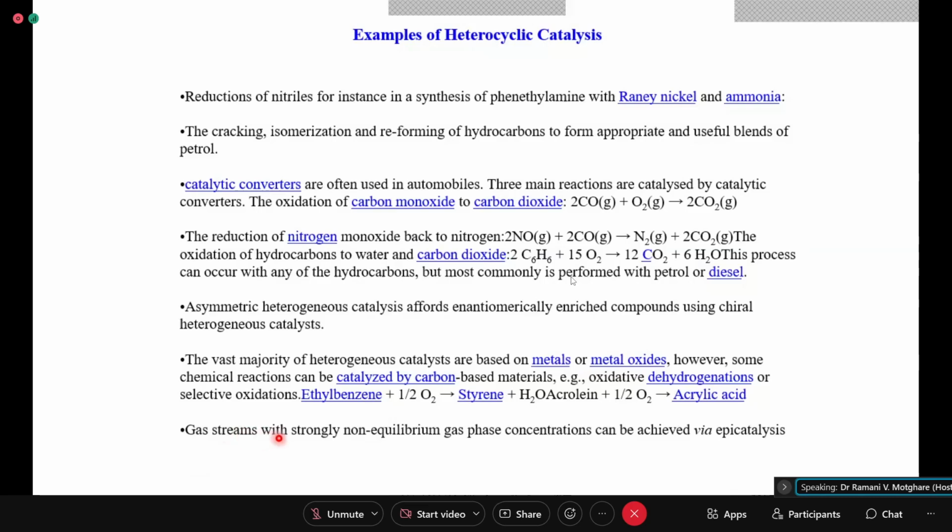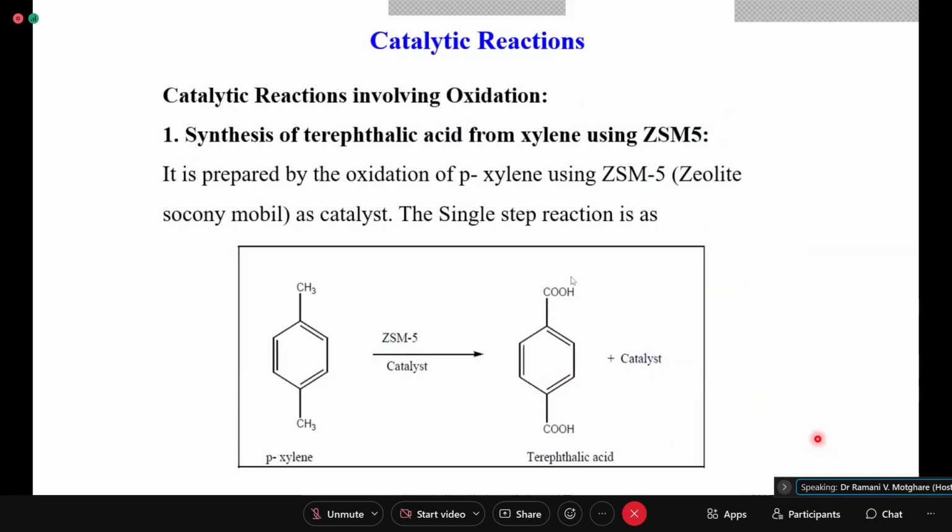Gas streams with a strongly non-equilibrium gas phase concentration can be achieved via epicatalysis. Epicatalysis is another term. Okay, so catalytic reactions may involve oxidation, like synthesis of terephthalic acid from xylene using ZSM5.